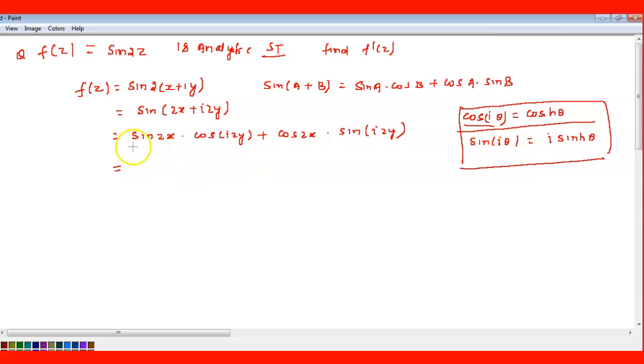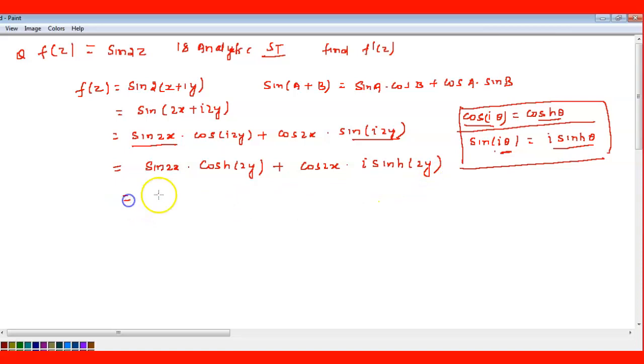So see here, sine 2x, there is no i here, so we can write it as it is. Cos of i of 2y is given, I can write cos hyperbolic of 2y. Getting or not? Because cos of i theta is cos h of theta. Plus cos of 2x as it is. Sine of i of 2y, what can you write? Sine of i theta is i into sine hyperbolic theta, so i into sine h of 2y.